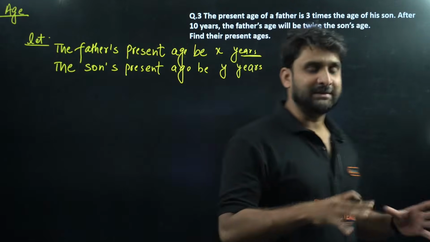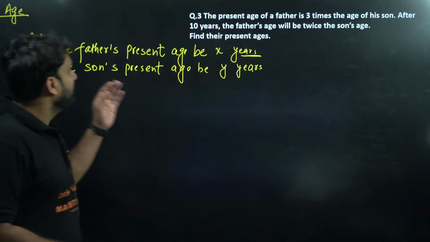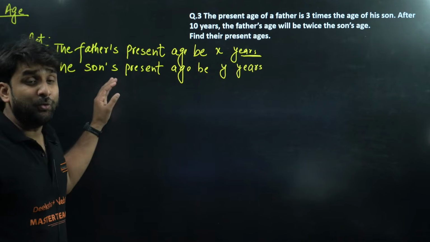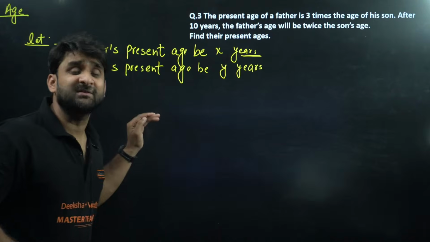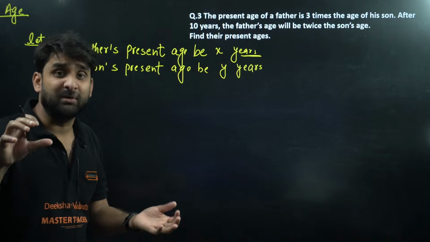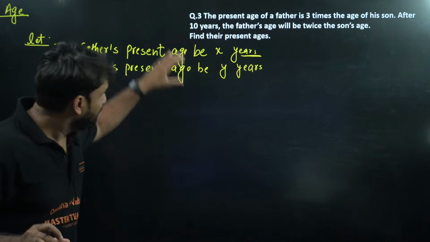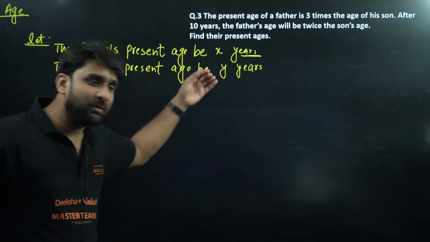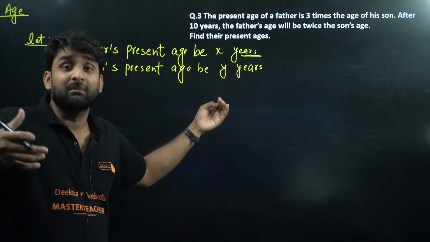I hope till here everything is clear. We have supposed, and if you follow these steps in CBSE mathematics, the evaluator generally follows step marking. So after writing the proper steps, you ensure your benefit.